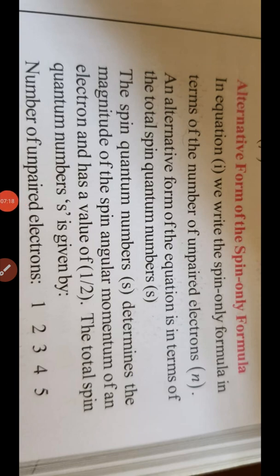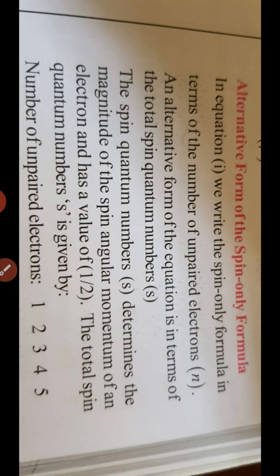Alternative form of spin only formula. In equation 1, we wrote the spin only formula in terms of unpaired electrons and the Bohr magneton. There is an alternative form of the equation in terms of the total spin quantum number.